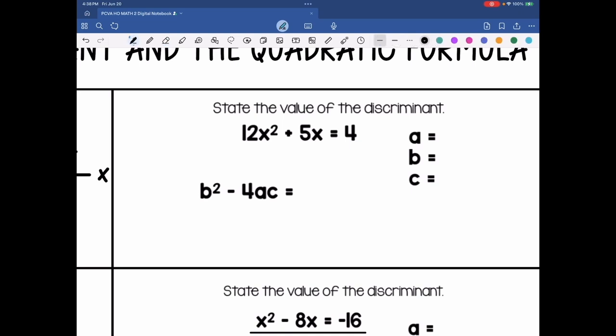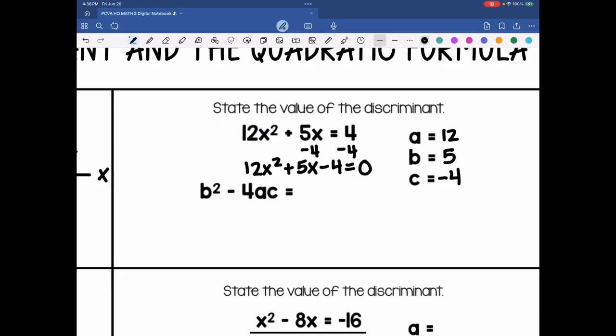So we want it to equal 0. So in order to equal 0, we're going to subtract that 4 over, and we have 12x squared plus 5x minus 4 equals 0. So my A is 12, my B is 5, and my C is negative 4.